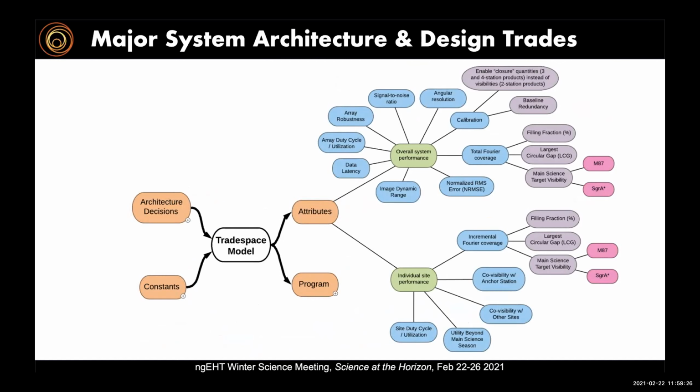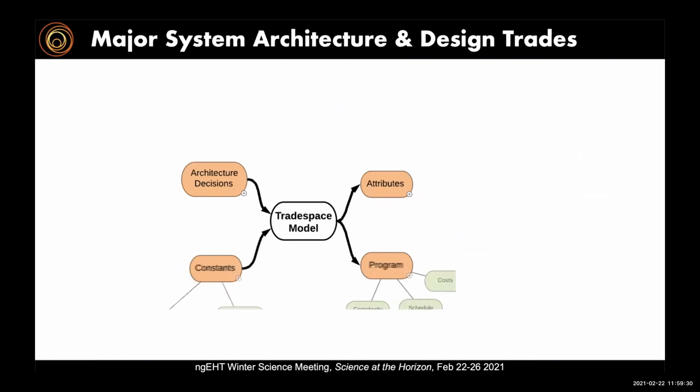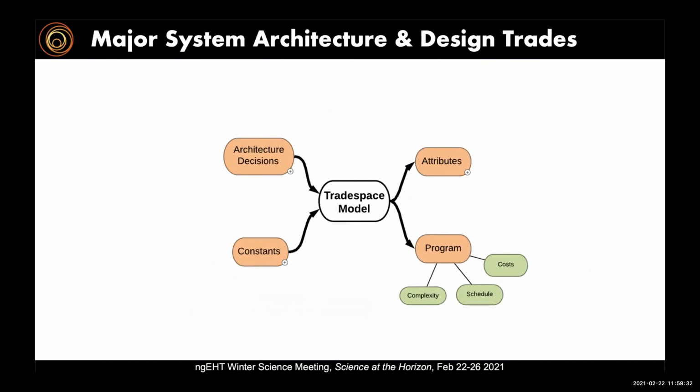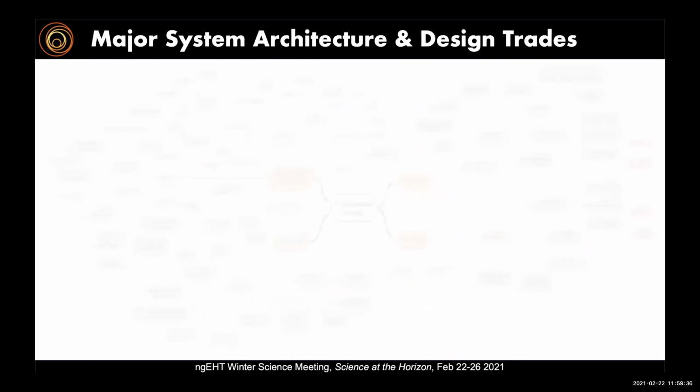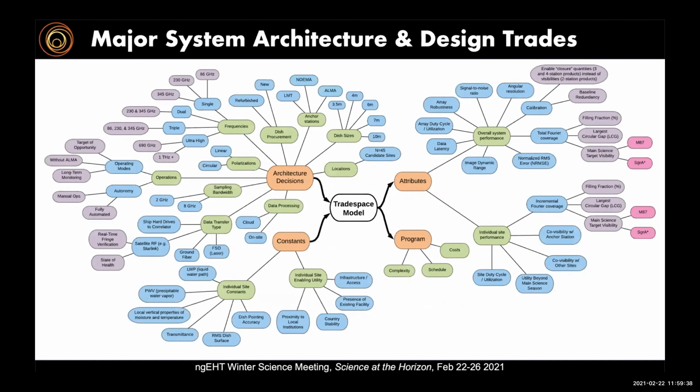And Alex will talk a little bit about some of the work there and how we're doing that. And then, of course, as I mentioned, programs, so cost, schedule, complexity, and these are all factors we want to factor in at this point. So these are the various ways to look at the parameter space and how to manage the complexity going forward.